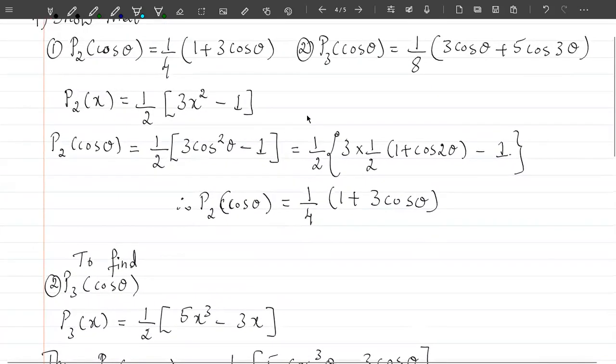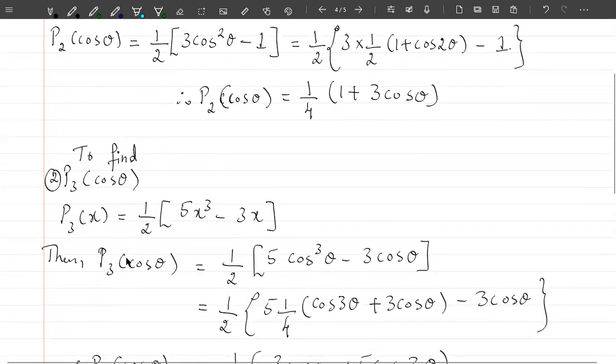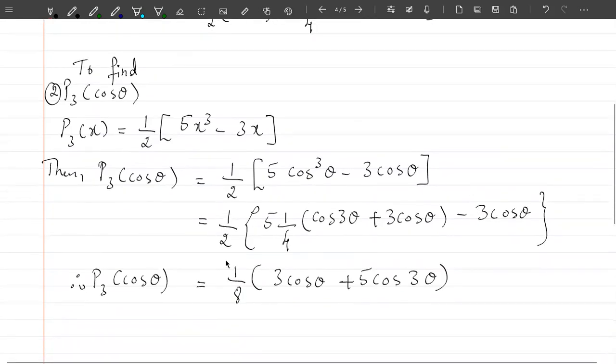What we want to calculate here is P3 of cos theta, so replace x by cos theta. So you get P3 of cos theta as 1 by 2 into 5 cos cube theta minus 3 cos theta. That is 1 by 2 into 5 into, use the formula for cos cube of theta.